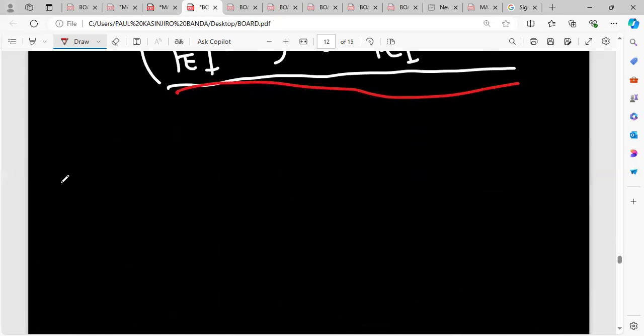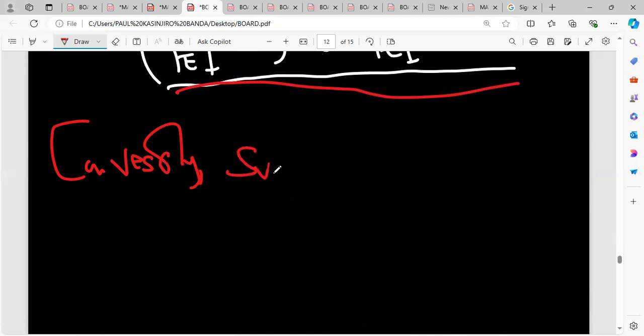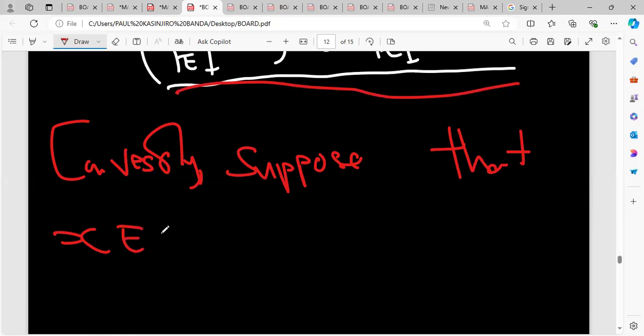suppose that X is a member of the intersection over I of AI complement.